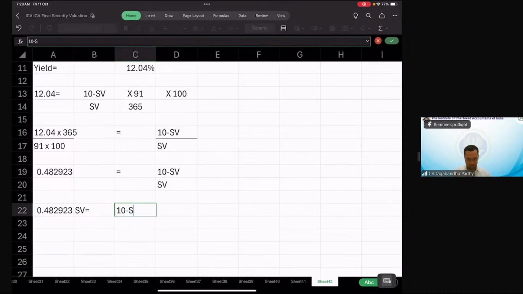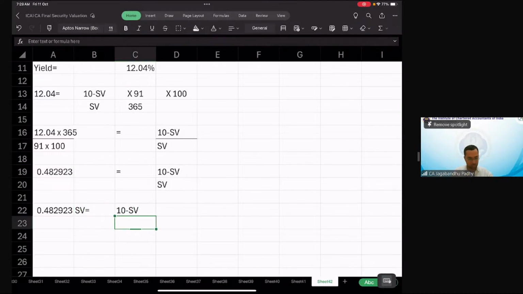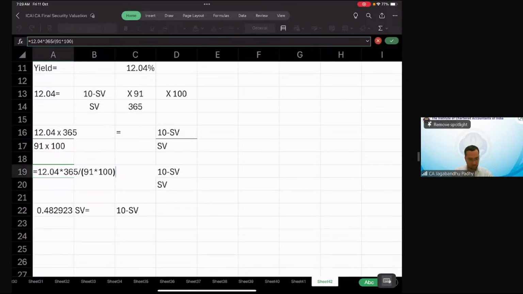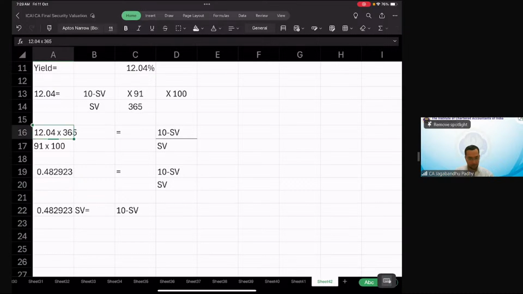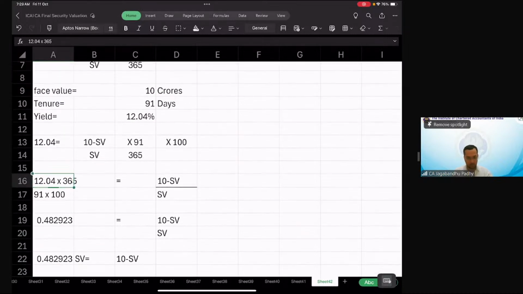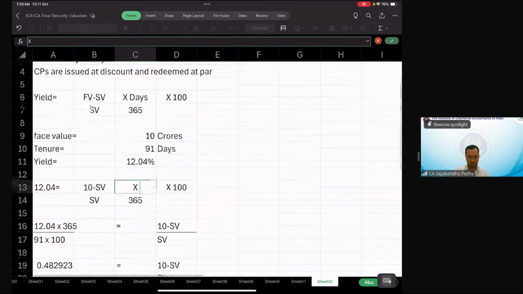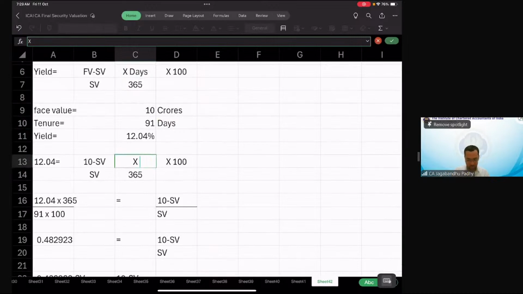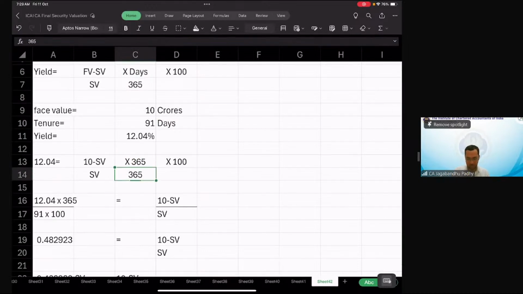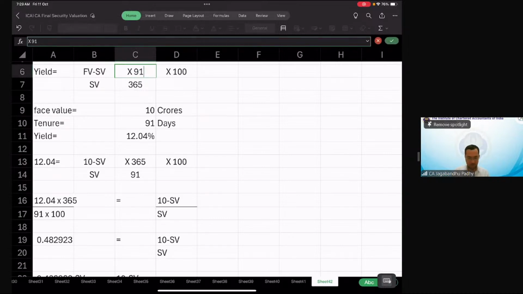Sir, it is 91 by 365 instead of 365 by 91. Okay. Oh, I read it wrong over here. It will be 365 divided by 91, like the previous case, because we're going to make it an annualized figure.